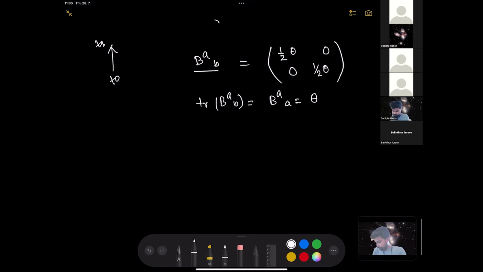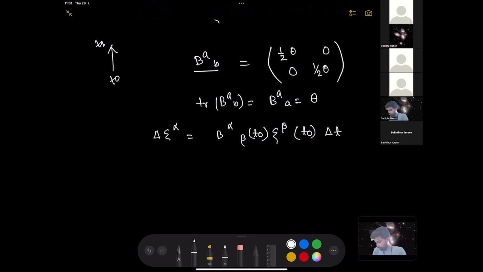And if we have B in this nature, then delta xi alpha is B alpha beta at t0 times xi beta at t0 times delta t.